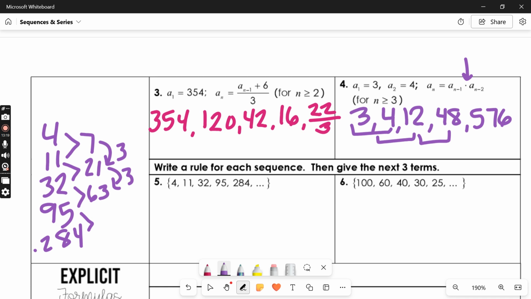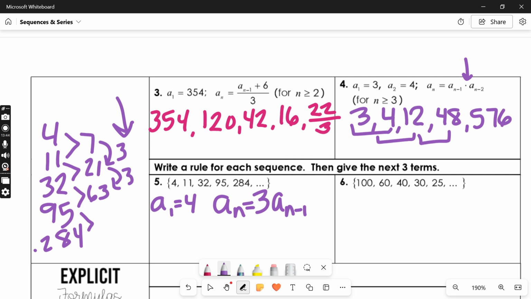Okay, so I always have to list out my first term. So my first term is 4. And then my next term is going to be 3 times my previous term. I would have to see what I need to add, and I like to use the first term to see what would have to happen.